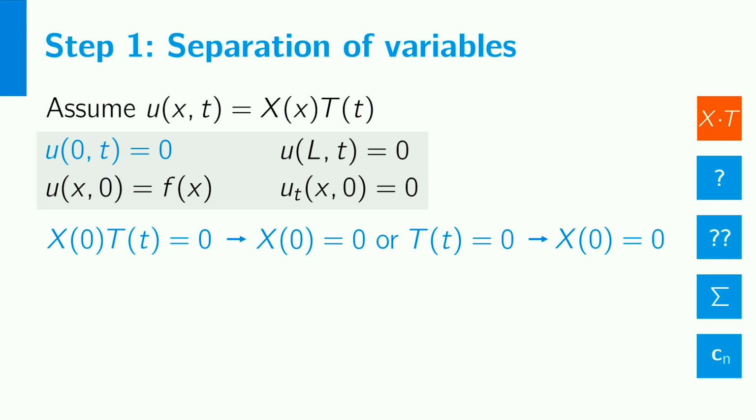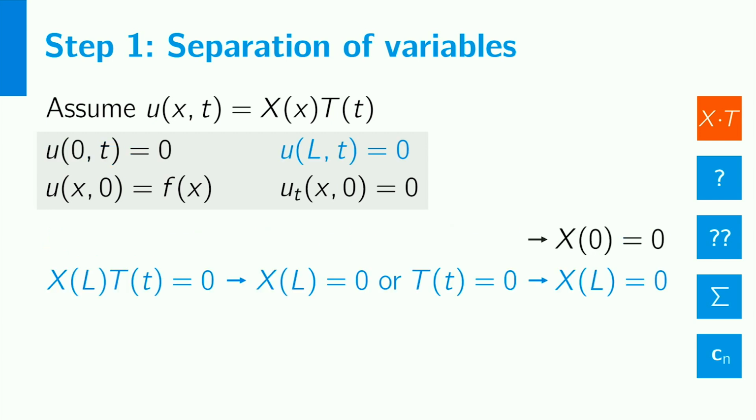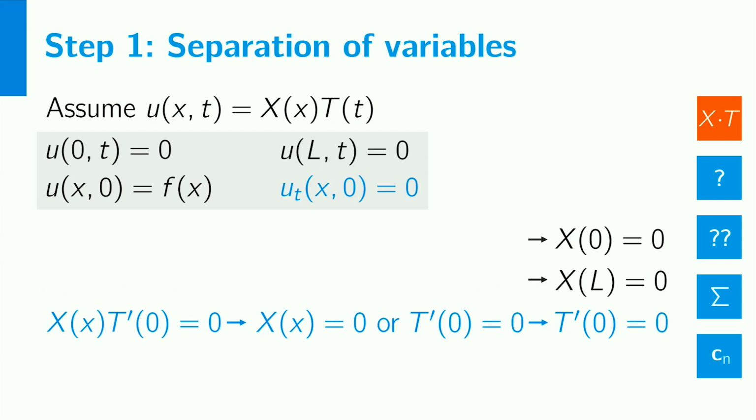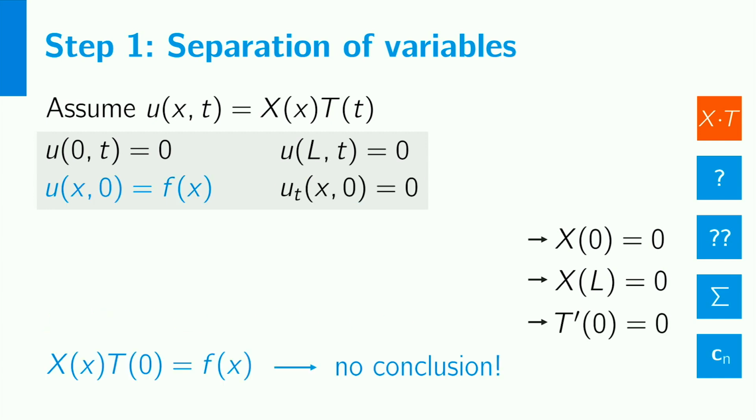So we conclude that only X at 0 should be 0. We can do the same for the boundary condition at the other end. So we conclude that X at L also equals 0. And the condition that the initial velocity equals 0 yields that the initial derivative of T is equal to 0. Note that the non-homogeneous condition cannot be separated in a useful way.